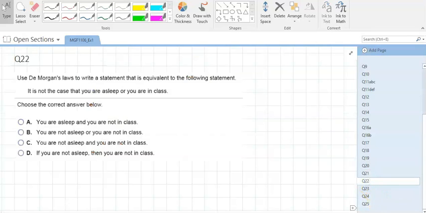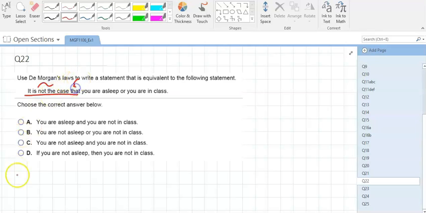22. This wants the negation of the statement up here. Okay? So the first thing that you need to do is take this and turn it into symbols. So it is not the case that, remember in class I told you that means what? Negation followed by a parenthesis.